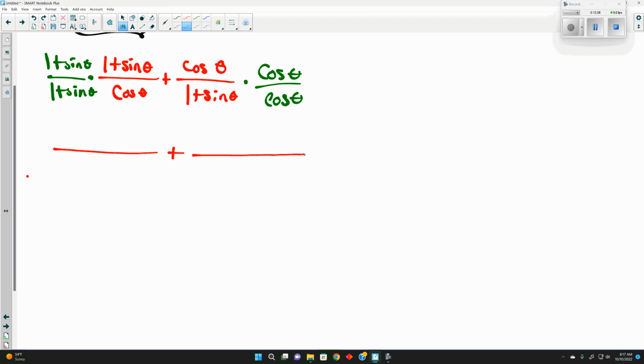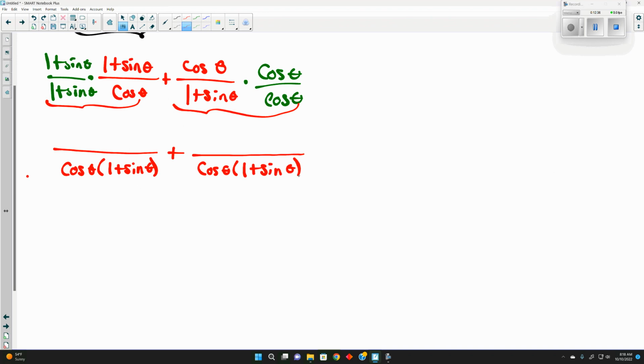Now again, to get 2 secant of theta, we're really hoping to have just cosine by itself on the bottom, yes? So there's not a whole lot of reason for us to multiply these two out, to actually distribute the cosine. So what I'm going to do is leave it as cosine theta times 1 plus sine of theta.